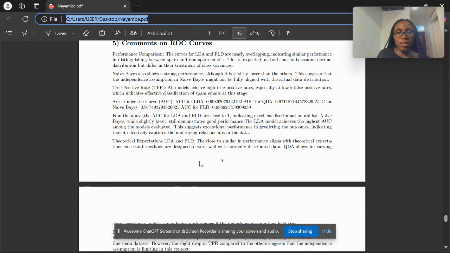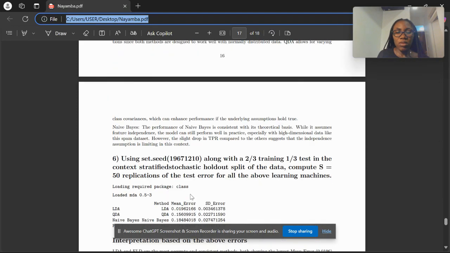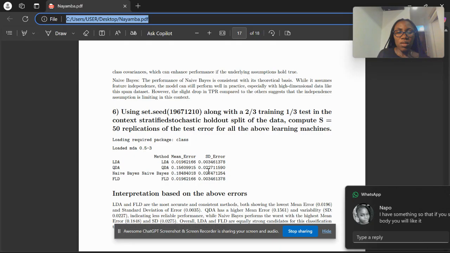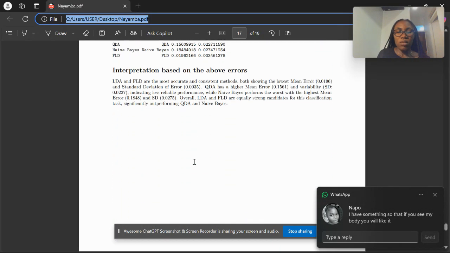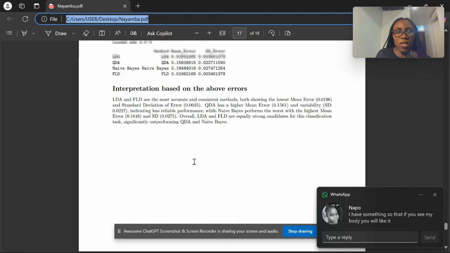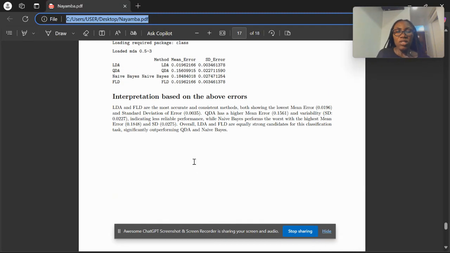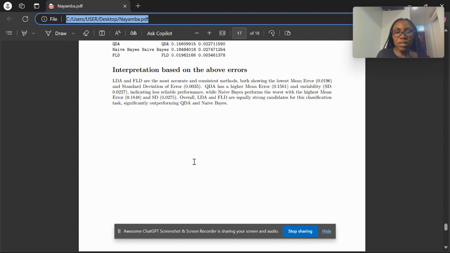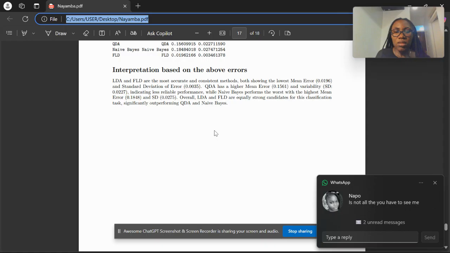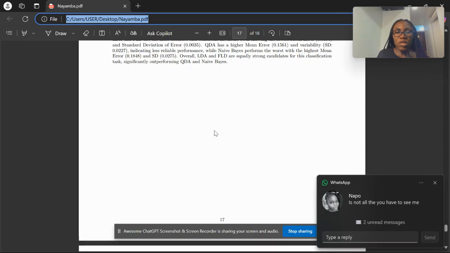We were able to compute the mean errors and the standard deviation errors. And from this, we can see that the LDA model and the FLD model achieve the smallest errors, and that implies that they are the best candidates for this classification task.